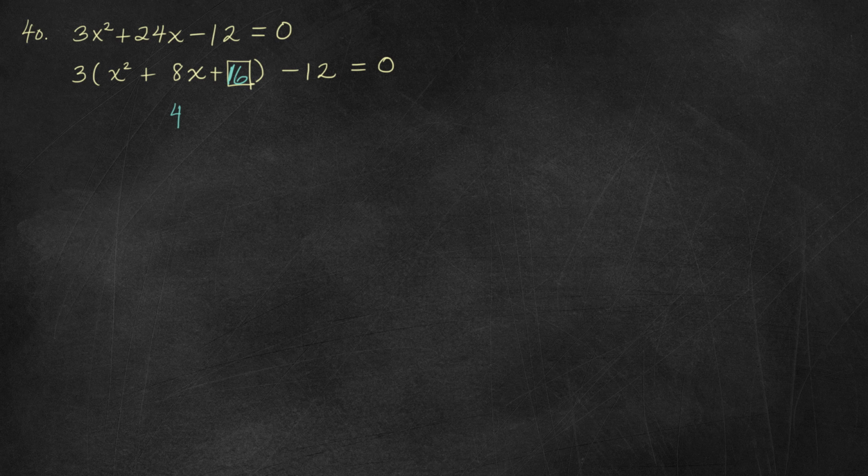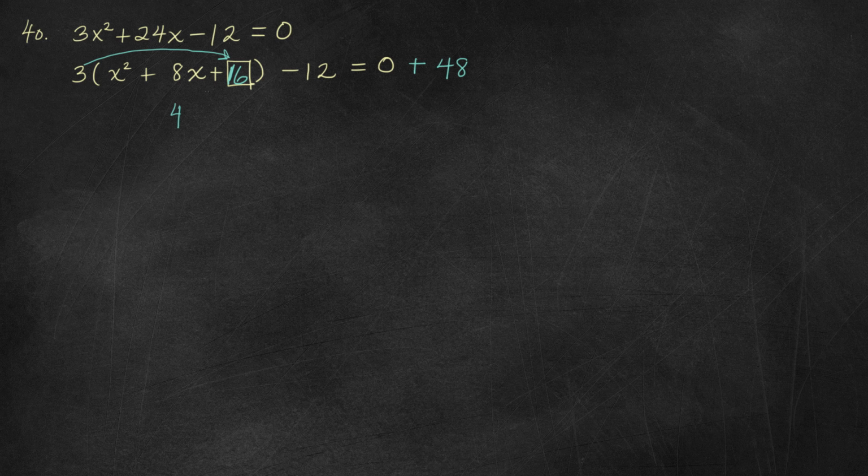But by adding a 16 inside of the parentheses, I've really added 3 times 16 because that 3 gets distributed to that 16. So I have introduced an extra 48 into the left-hand side of this equation. And I have to balance that by adding a 48 to the other side of the equation.